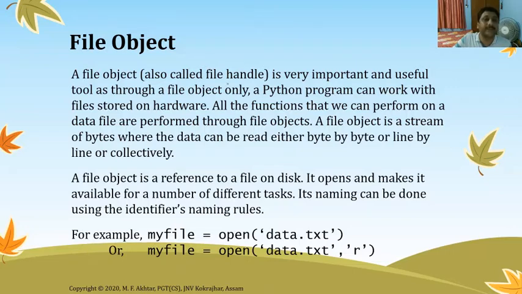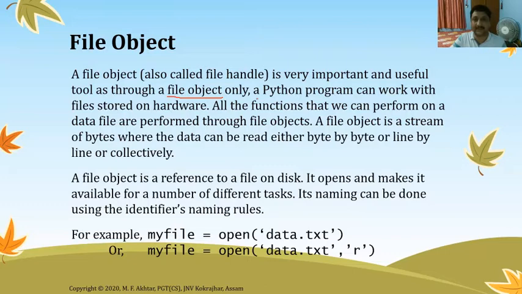A file object is a very important and useful tool, as through it there is only one link available with the file in the Python program, that is the file object. So it is very important everywhere. Whenever we want to do something with the file, we have to use this file object in our program.